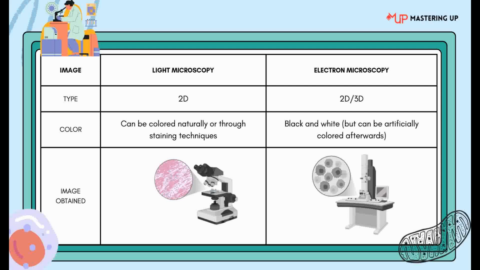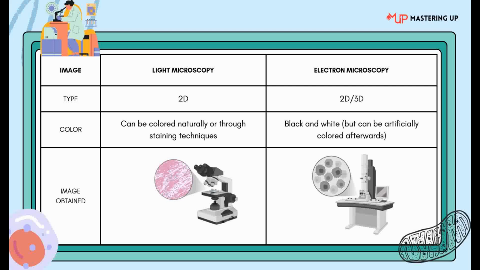In case of color, light microscopy can show images in natural color, especially with stains and dyes that highlight specific structures in the cells. Fluorescent microscopy allows even more vibrant and specific color differentiation by labeling parts of the cell with fluorescent markers.